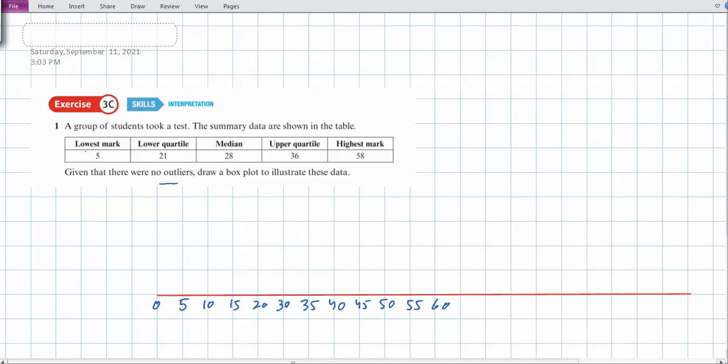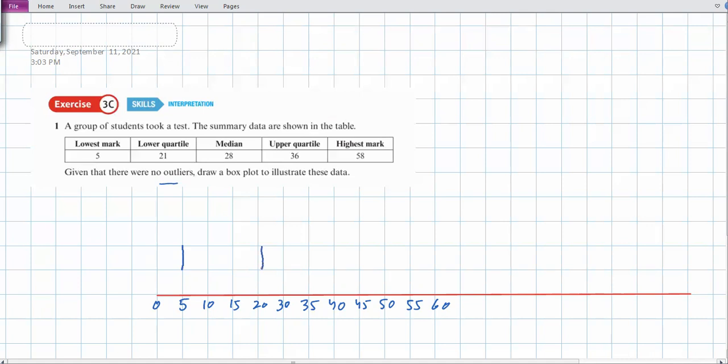Then you have to make the box now. First of all, you have the lowest mark. For the lowest mark, you will draw a line. Then the lower quartile is 21. This is 20, so 21 will be almost here.